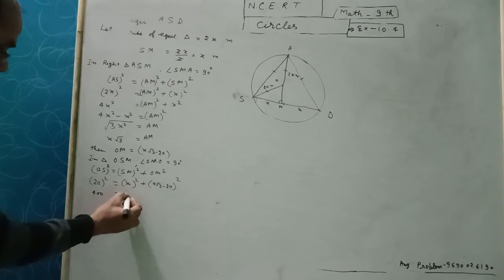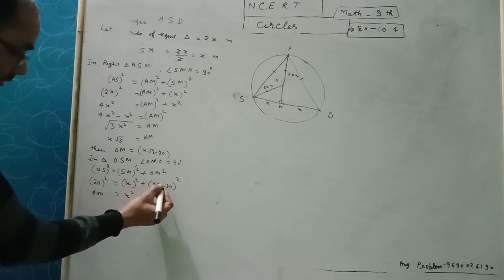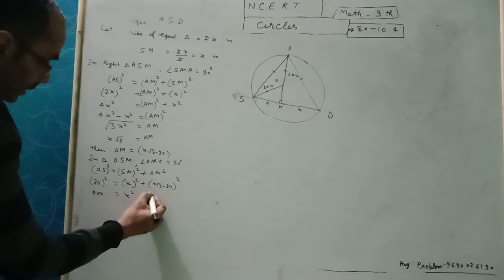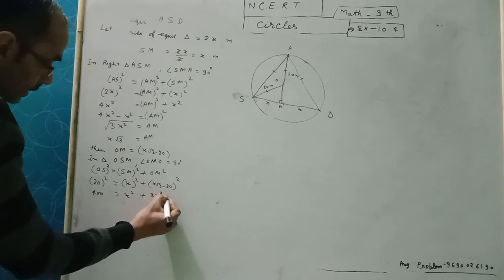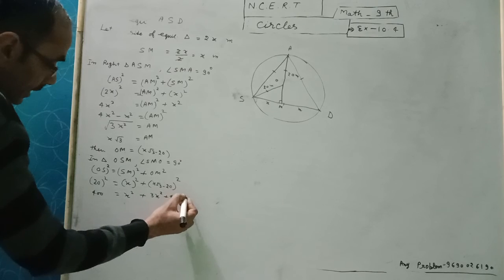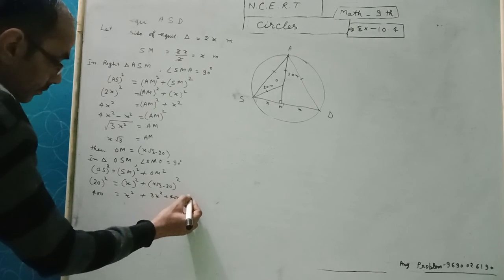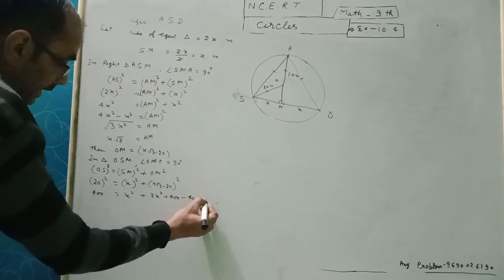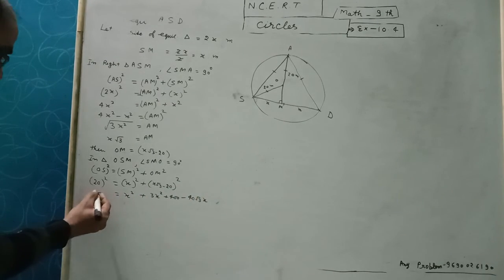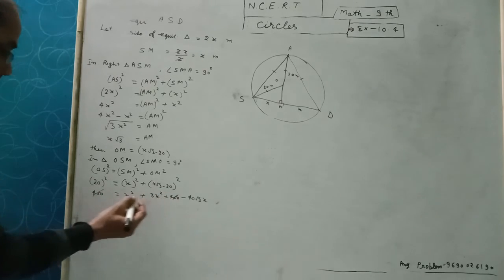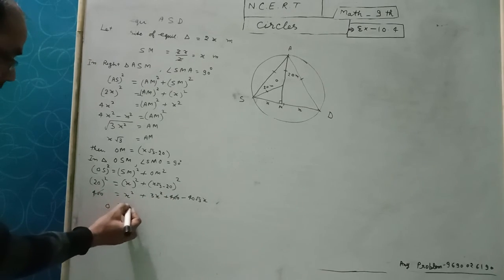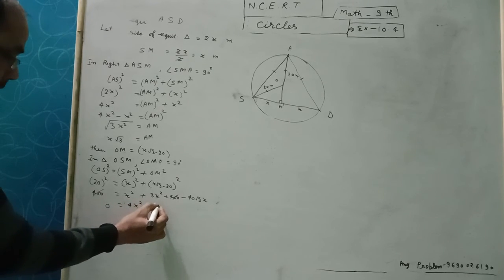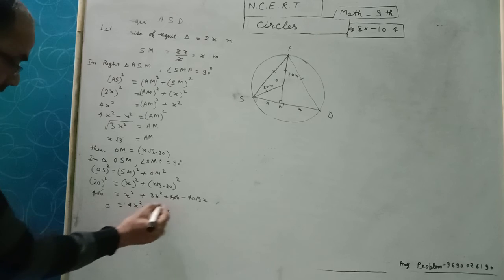400 is equal to x square plus, when we remove the bracket, 3x square plus 400 minus 40 under root 3 x. So 0 is equal to 4x square minus 40 under root 3 x.